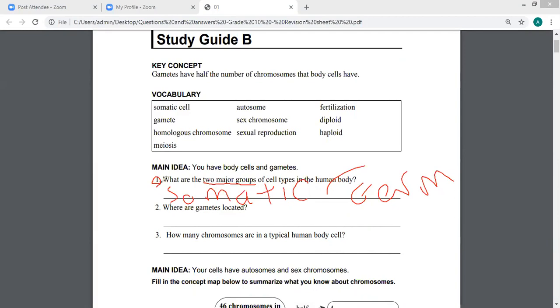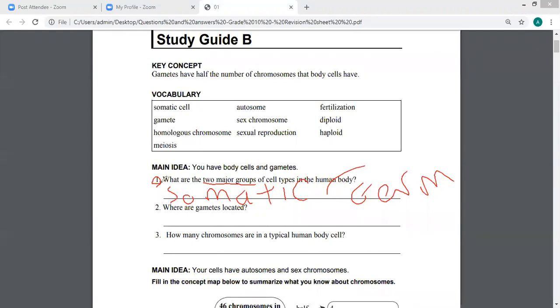Where are gametes located? We can find the gametes, the sex cells, in which part of our body? Who knows the answer? Open your mic, answer with me, please. We are revising.